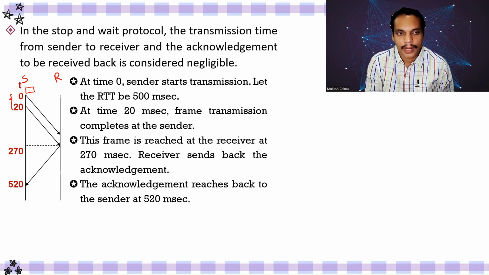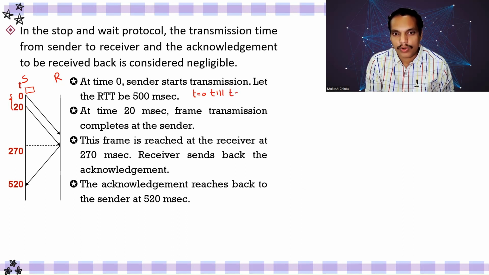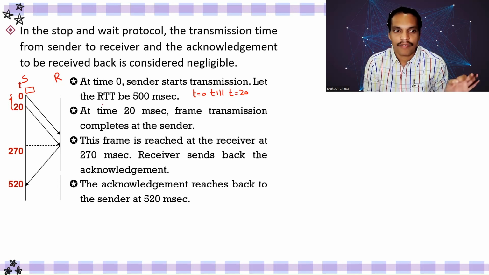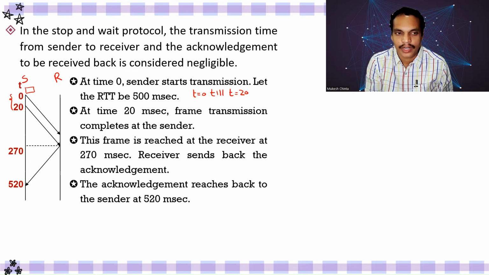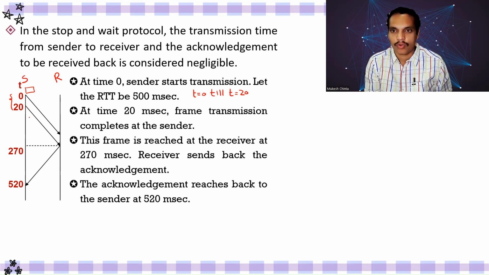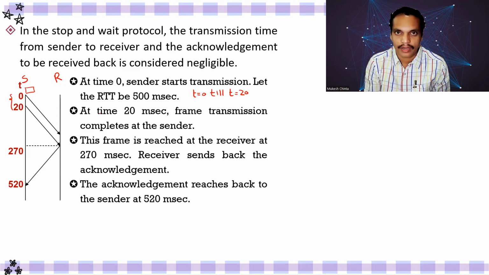So from time t equal to 0 till t equal to 20, the sender is busy. He has been transmitting from 0 to 20, and at 20 milliseconds, the packet has been transmitted and is now in transit. So according to the stop and wait protocol, what does the sender do? From 20 milliseconds onwards, it has to stay quiet. That means it cannot transmit anymore and has to wait for the acknowledgement to come back.